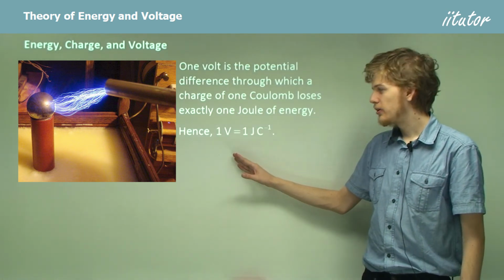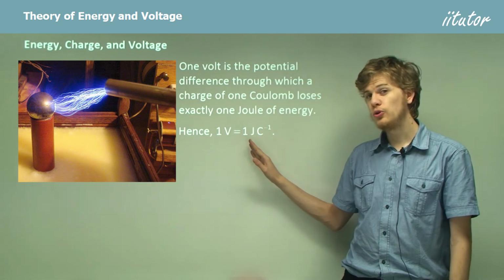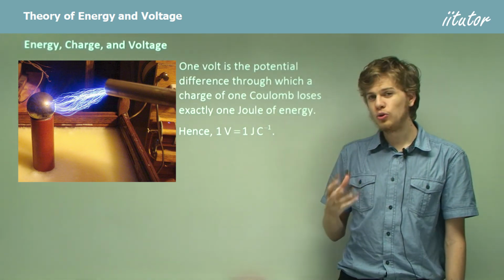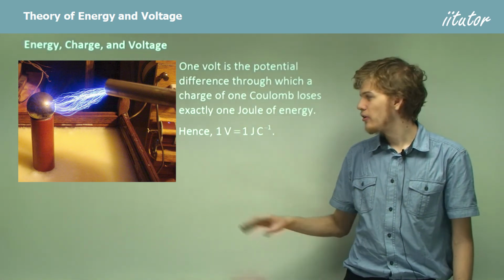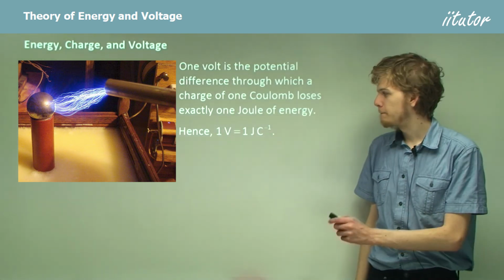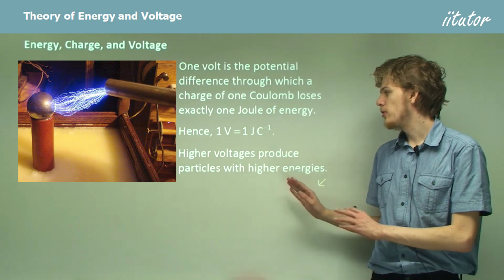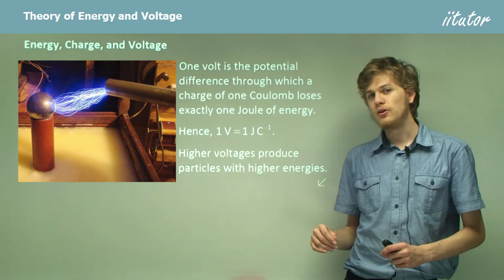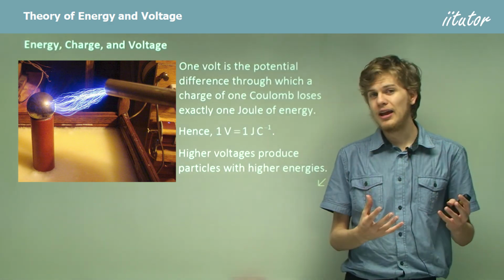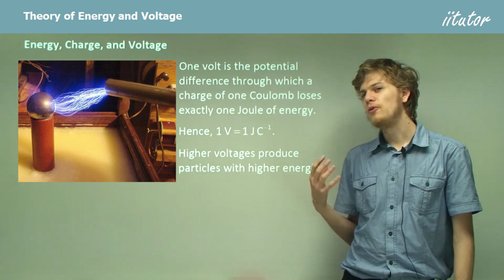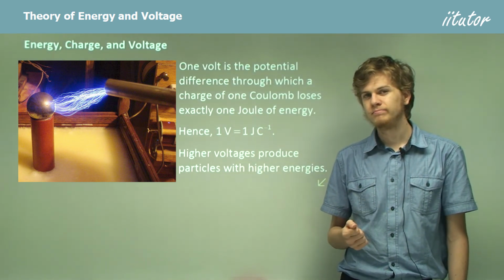So 1 volt equals 1 joule per coulomb. It takes 1 joule for every coulomb we want to move through 1 volt. So higher voltages will, of course, produce particles with higher energies, because the amount of energy that they gain is proportional to the voltage through which they're crossing.